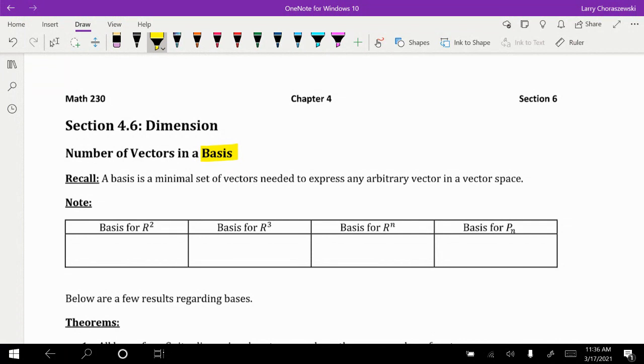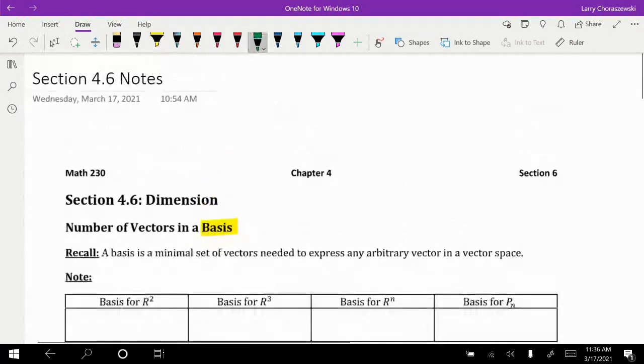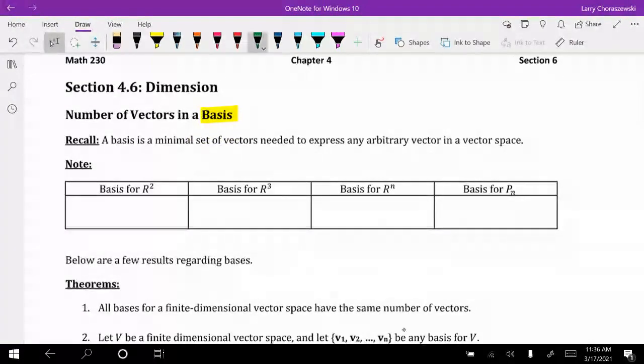So a basis is actually the foundation for the dimension of a space. One basis for R2 would consist of the vectors i and j. The number of basis vectors in the set is 2, and that happens to be the dimension of R2.